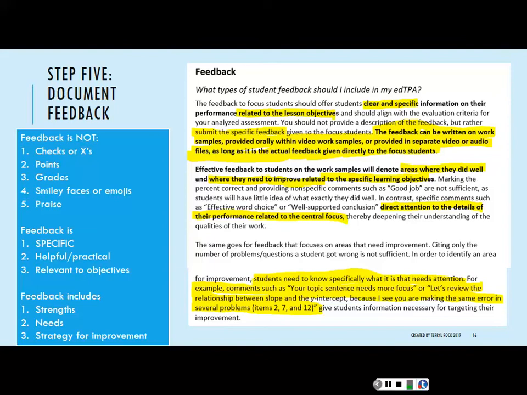Yes, you can. But it's not evidence of feedback that you're going to use in your commentary. Likewise, you can make comments on their papers about things that aren't related to your objectives. It's just not going to be evidence that goes to your benefit. It's not going to show that you did the things that you needed to do. Strengths, needs, strategies.